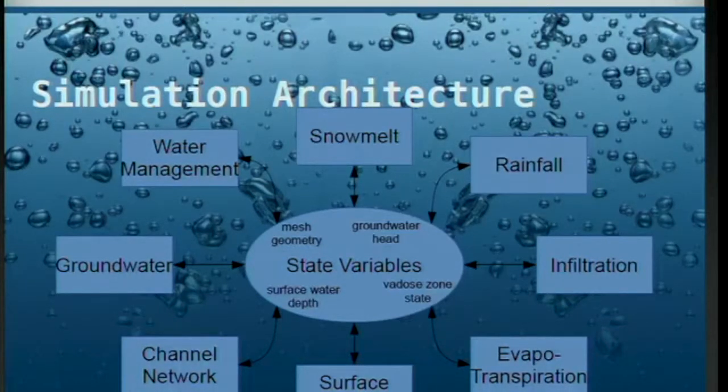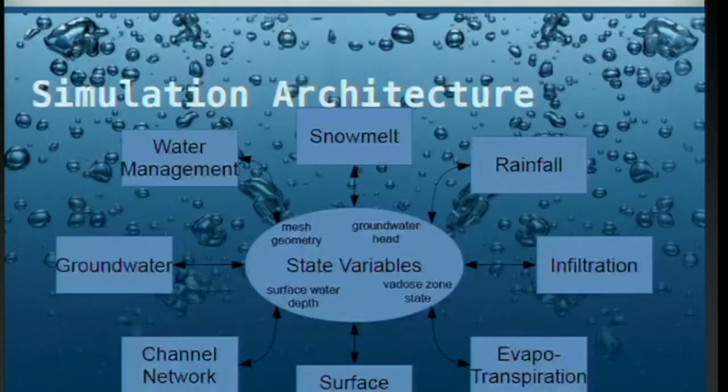And then we have a water management layer that kind of magically takes water from here and puts it over there. Water management is things like reservoirs that release water and irrigation, and just basically any humans moving water around. It can also be diversions, like transbasin diversions to another watershed.